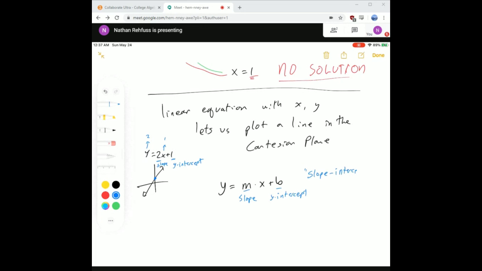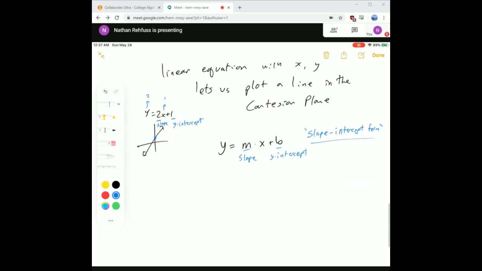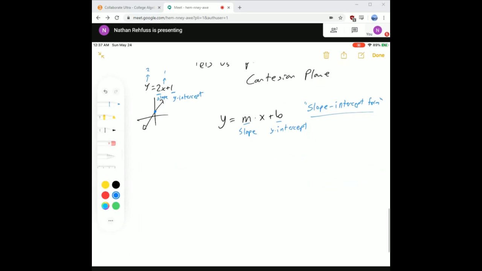Slope-intercept form. All right, so m is the slope and b is the y-intercept. And remember, slope is rise over run.